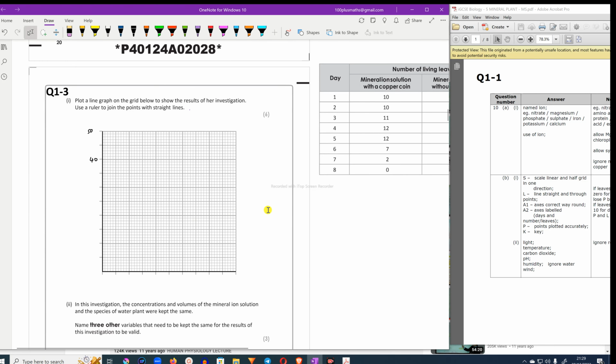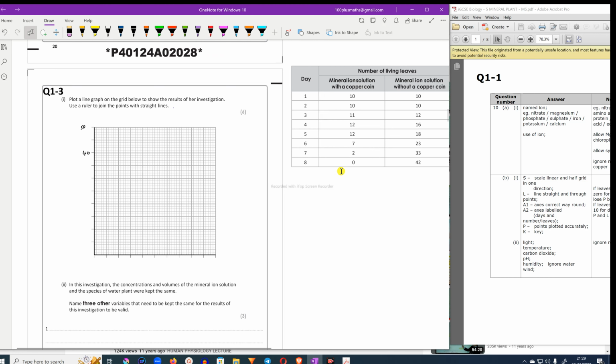So what I've done is I've just copied, let me just do this. Right, okay. Right, let's get rid of this. Right, put that to the side. Right, so we want day, okay.